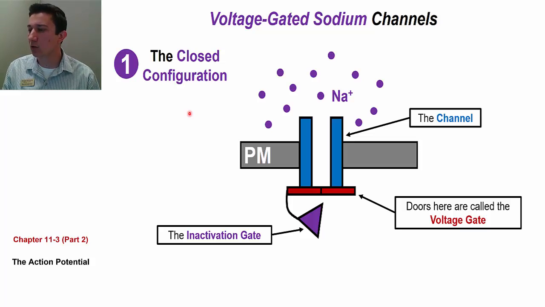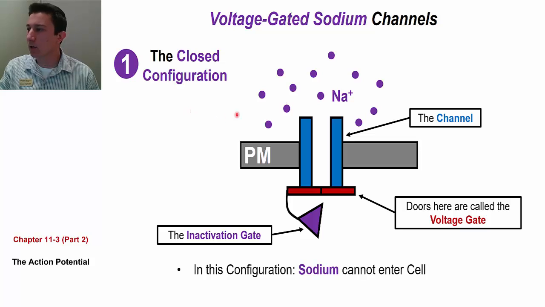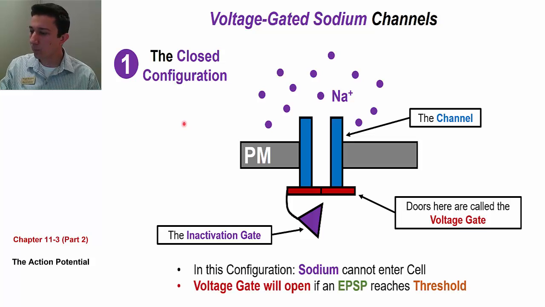All right, so in the closed configuration, we've got sodium in high concentration on the outside of our cell. Sodium is not going to be permitted to enter our cell, so it's really straightforward there in that it's going to prevent sodium from diffusing into our cell through this channel. This voltage gate, though, will open if a stimulus, that is, if an excitatory postsynaptic potential, an excitatory graded potential, creates a stimulus that reaches threshold.